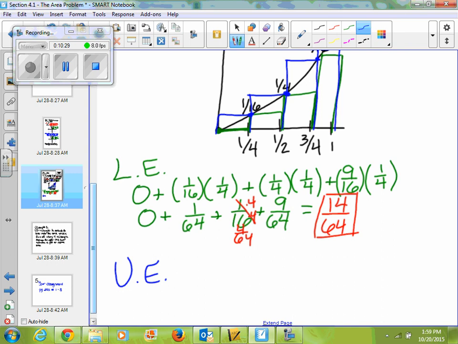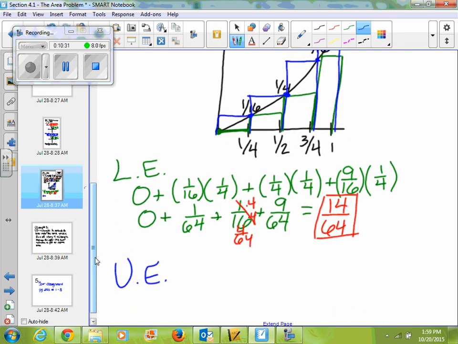So if I go to find my upper estimates, if I find the area of this first triangle on the left, I know that I have a length of 1/4 and a height of 1/16. So 1/16 times 1/4. If I go to find the second rectangle, I have a length of 1/4 and a height of 1/4.